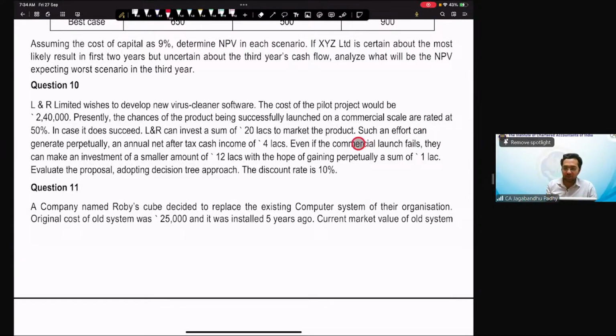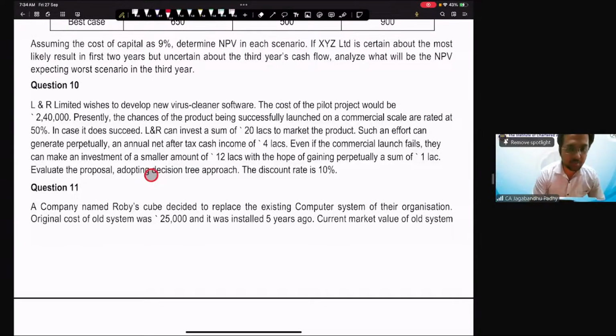And if the commercial launch fails, if after marketing the product there's not much great response from the market, they can make an investment of a smaller amount of 12 lakhs. So if it fails, you need to invest an additional 12 lakh and that will give you 1 lakh till perpetuity. So we are going to evaluate the proposal adopting a decision tree approach.